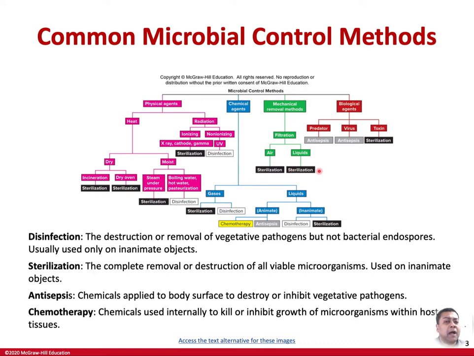So except for viruses and the mycoplasma, which is a group of bacteria, all others can be sterilized. So this is an important consideration: although we are talking about sterilization, it is not 100% that we get rid of all different types of microorganisms.